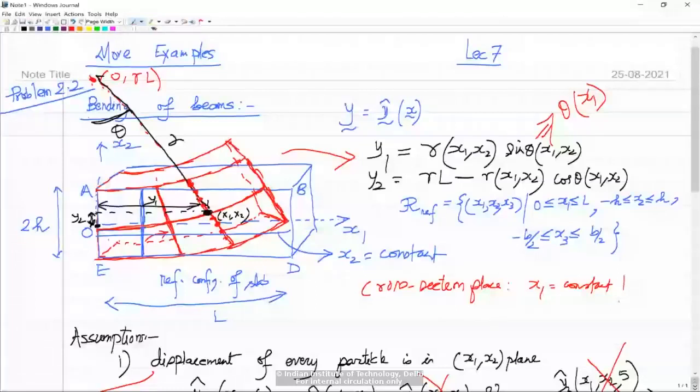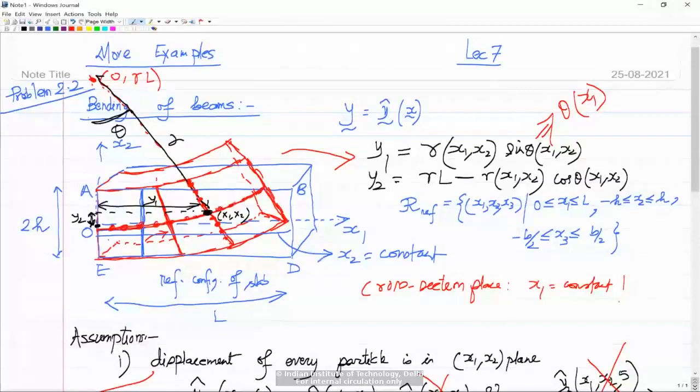What can you now say about the radius r? As per our current assumption, what do you think? This radius r, should it depend on both x1 and x2? So what you see here is that each of these points has the same radius, isn't it?